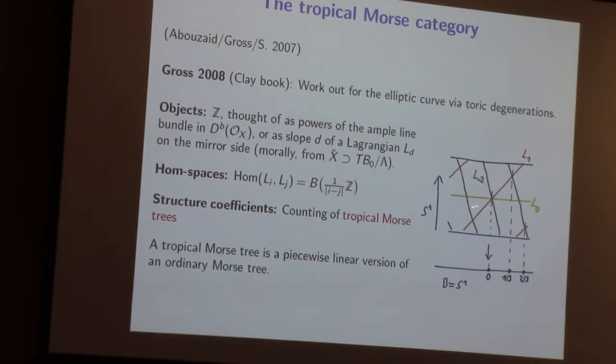So L0 is just the zero section, and then you travel as much as your distance tells you, that gives L1, and if you travel twice as much, it gives L2, and if you travel the minus distance, it gives L minus 2. And then the Hom spaces are very simple.